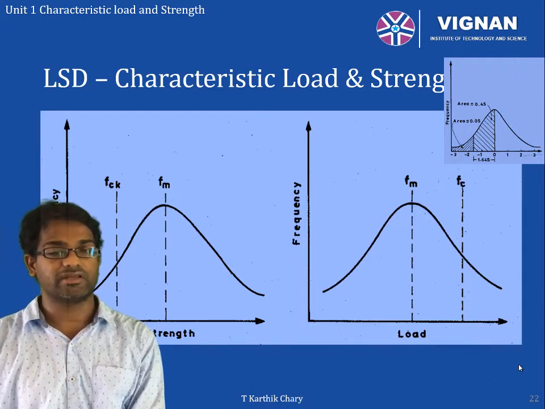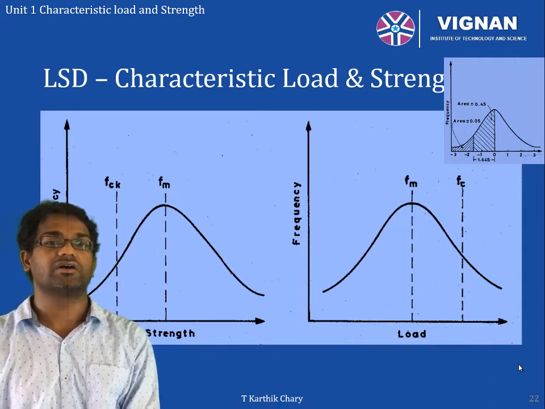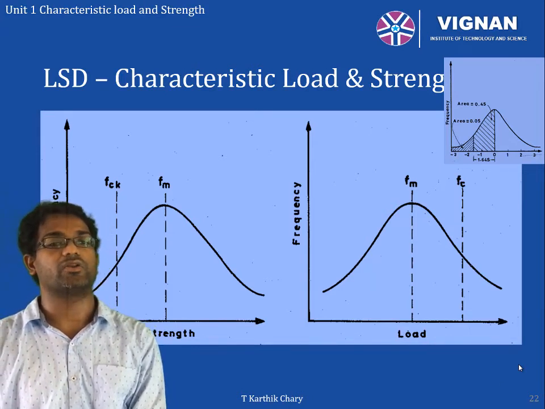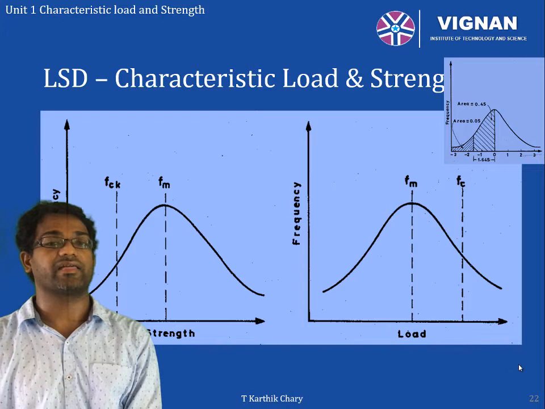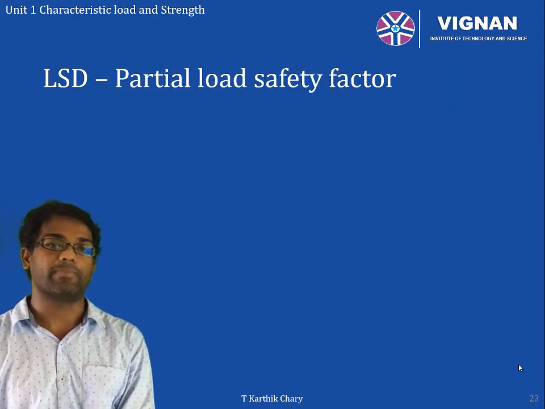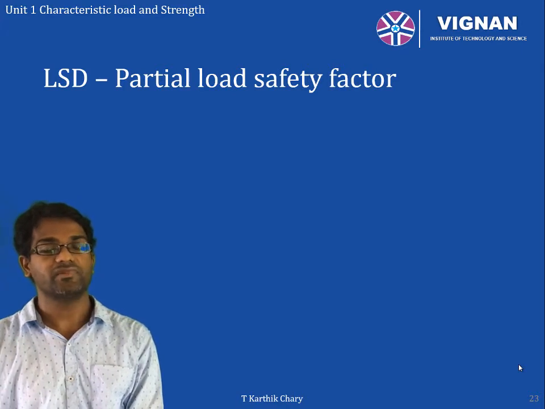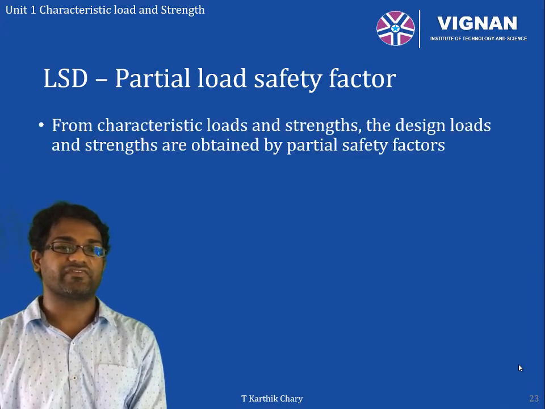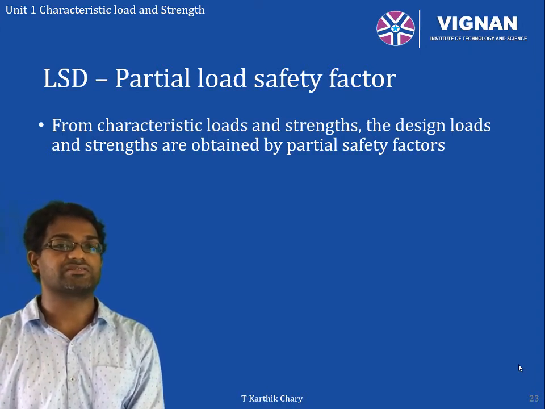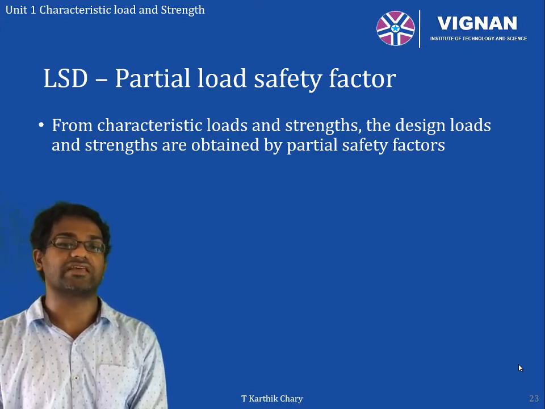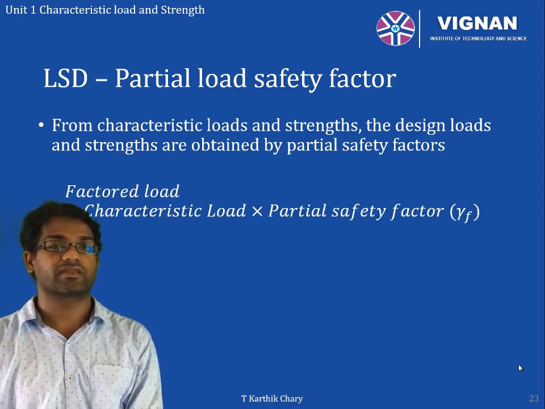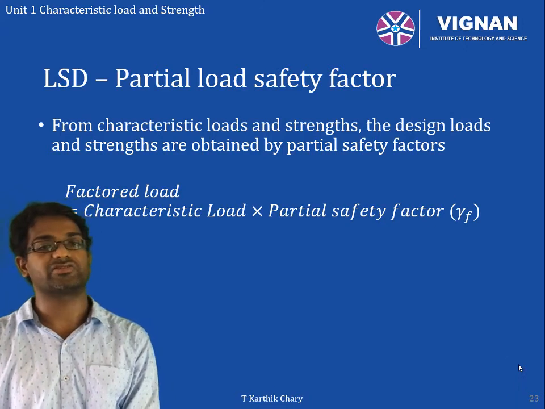So my point here is that the material strength is always decreased, and the load values are always increased. And the factor by which we do this is called the partial safety factor. Partial safety factor is always taken in order to calculate the design loads and strengths from the characteristic values. So factored load is given by characteristic load multiplied by partial safety factor.